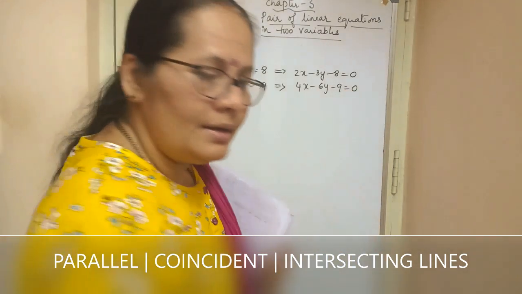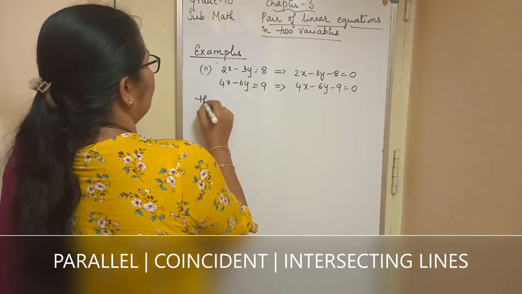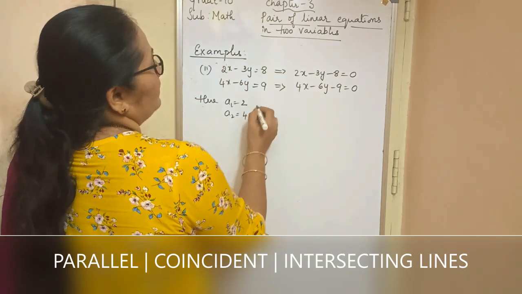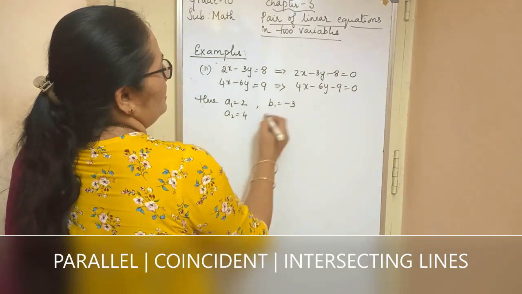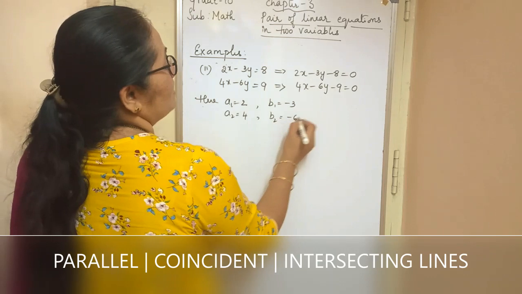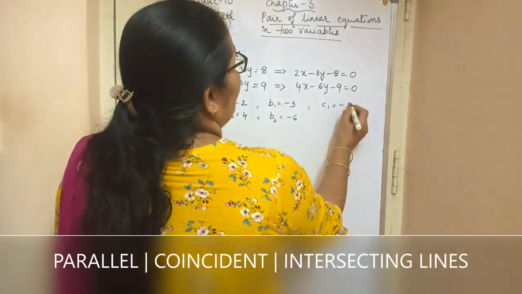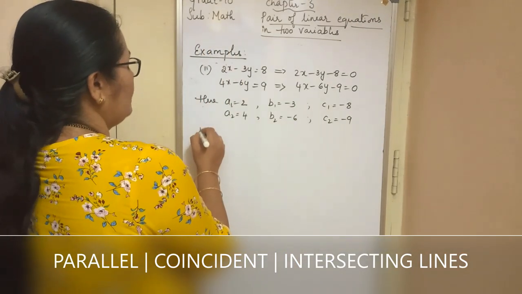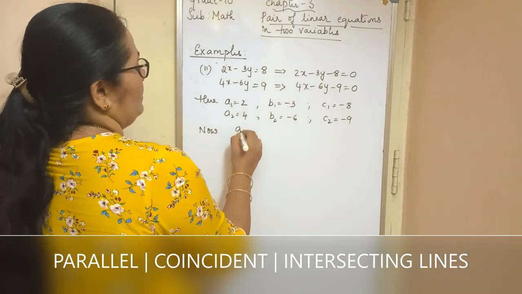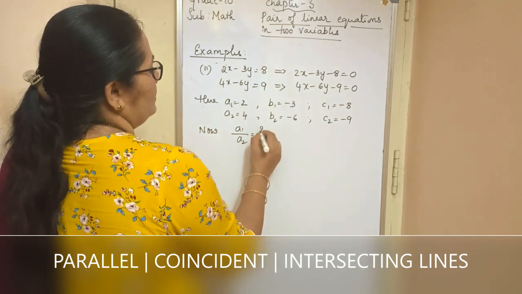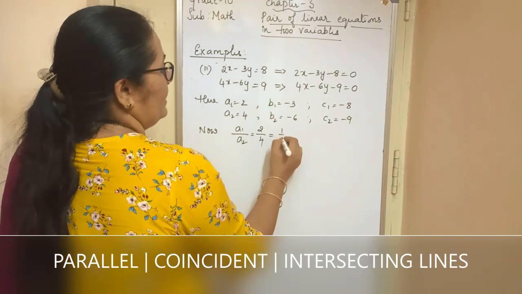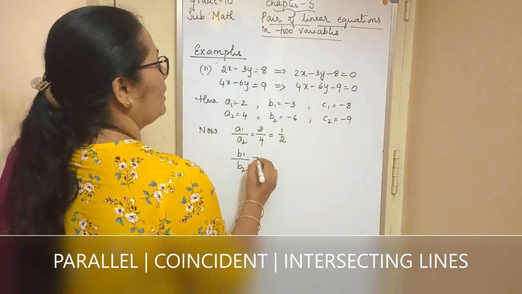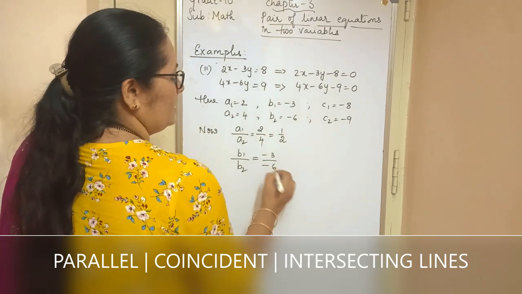Now take the ratios. Here a1 is 2, a2 is 4, b1 is minus 3, b2 is minus 6, c1 is minus 8, c2 is minus 9. Okay. Now take the ratios. a1 by a2, that is 2 by 4, which is 1 by 2. b1 by b2 equals minus 3 upon minus 6.